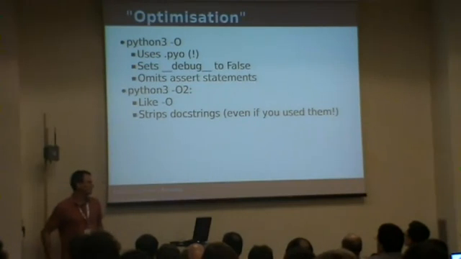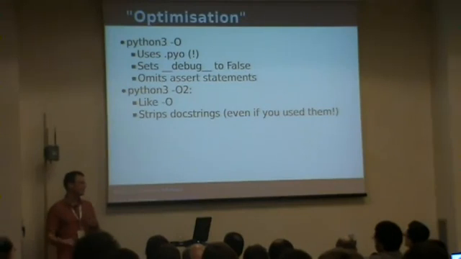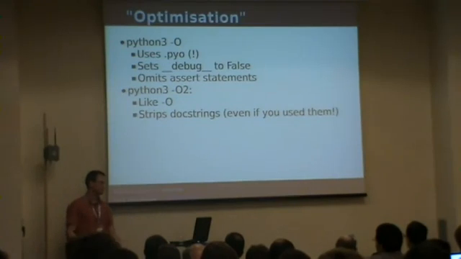But anyway, the __debug__ thing is actually useful. It means you can write some tests or extra code in if blocks, if __debug__, or something like that. That will evaluate to false when you have optimization on. And you'll also skip assert statements. It can also be useful.